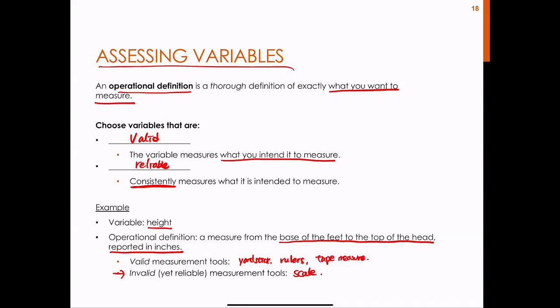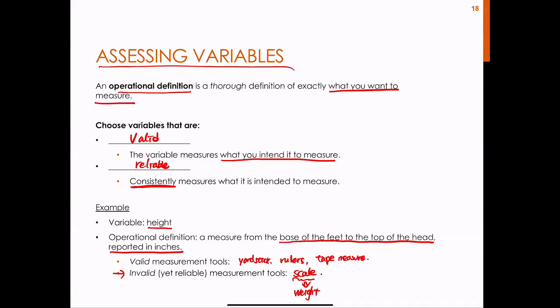Actually, a scale can consistently measure, but it is for weight, right? Not for height. So a scale is a reliable measure, but not a valid one, right?